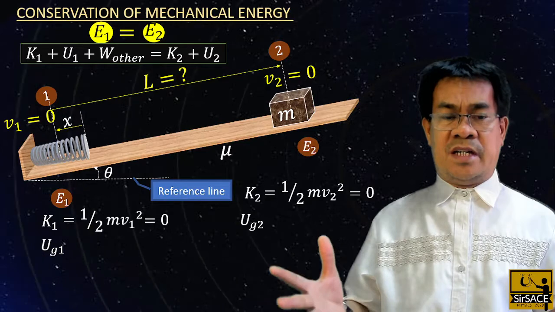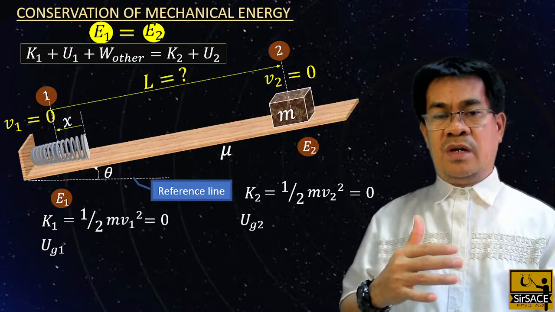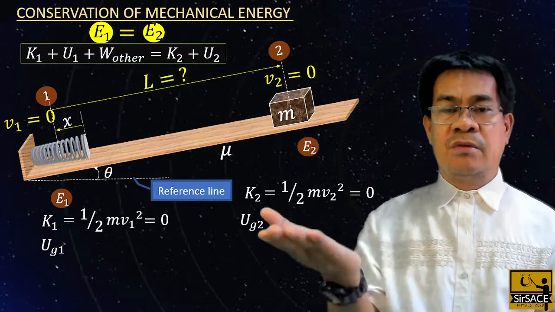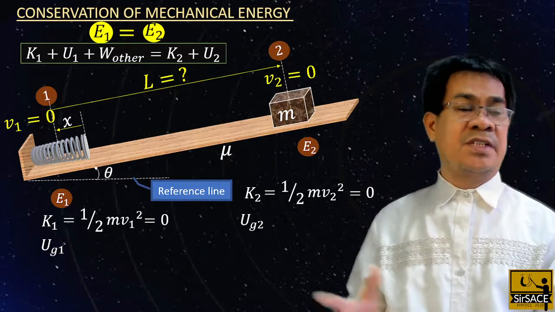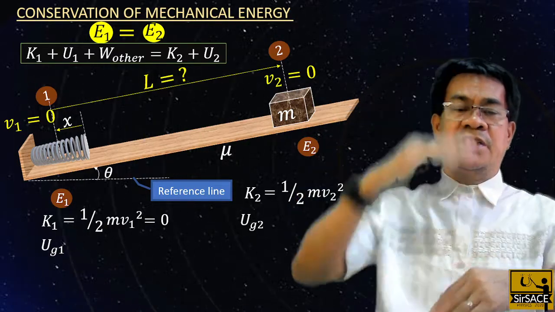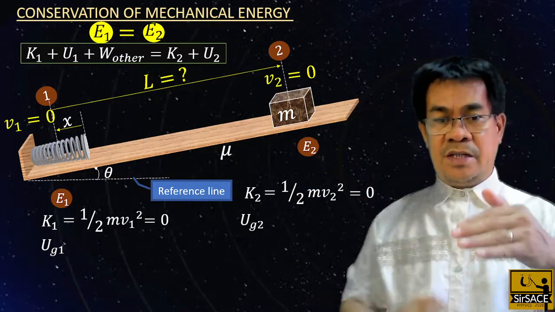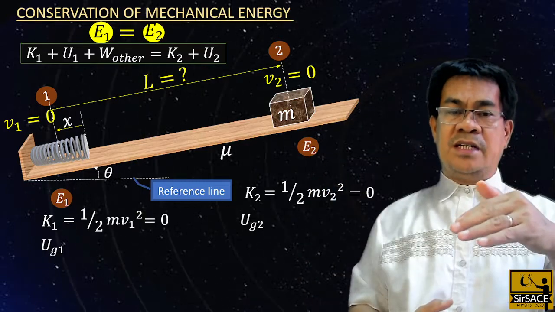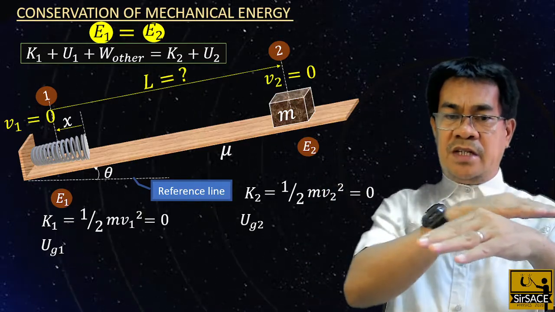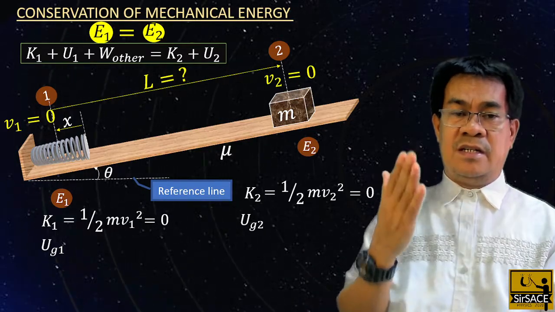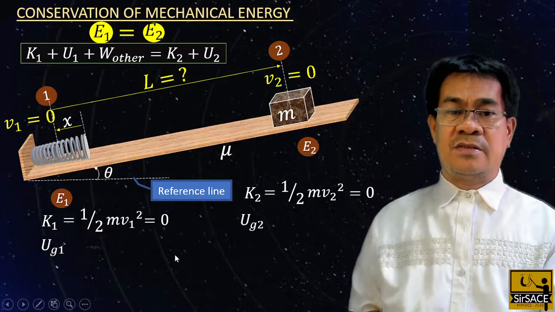Now, in this case, we will consider the reference line at the bottom of the inclined plane for simplicity. Now, remember that at this line, the energy is 0. Above is positive and below is negative. Now, if the particle is located at the reference line, then it follows that the energy is equal to 0.